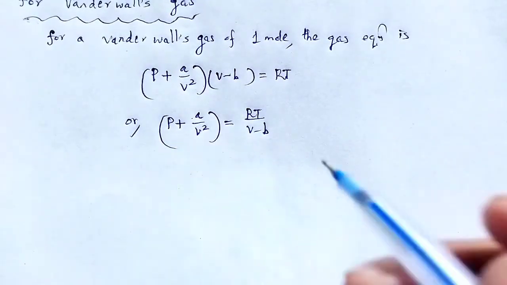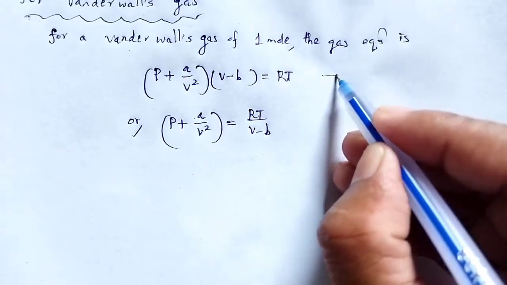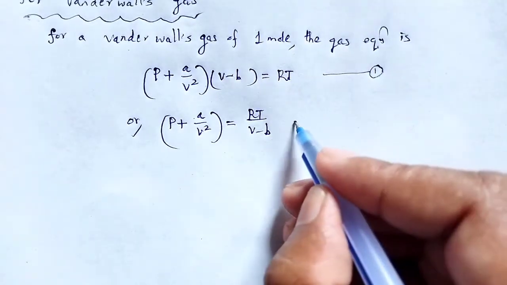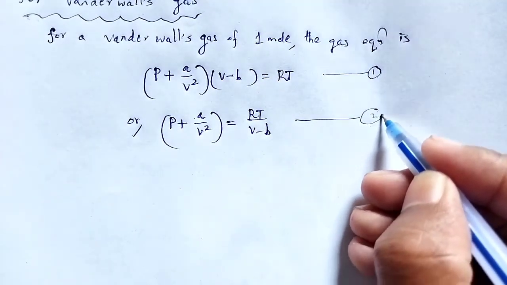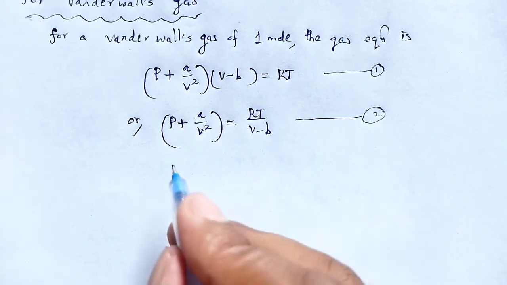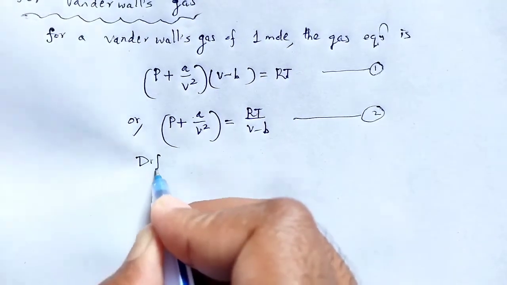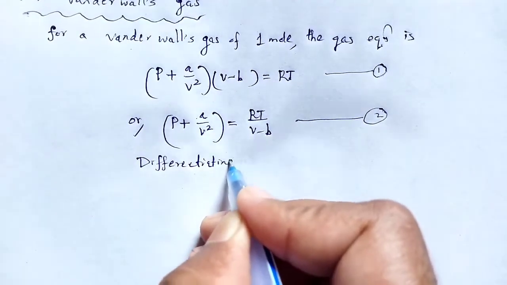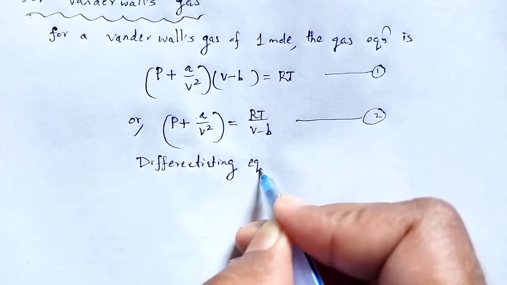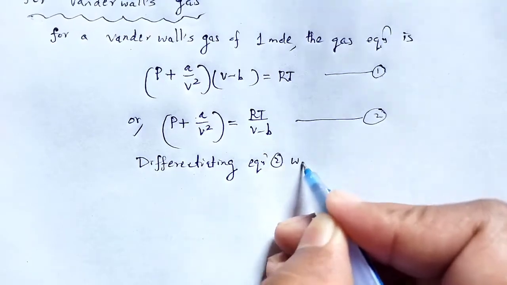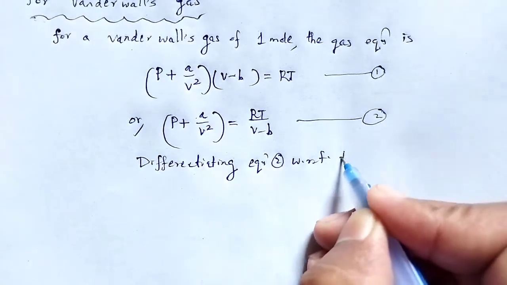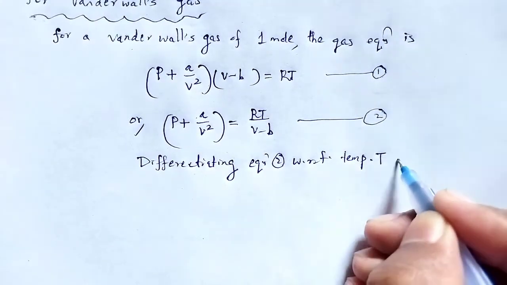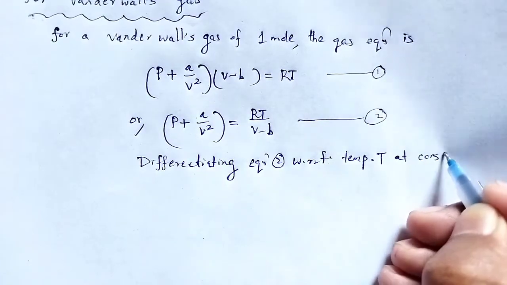Now, we take that as equation number 1, this as equation number 2, and differentiating equation 2 with respect to temperature T at constant volume.